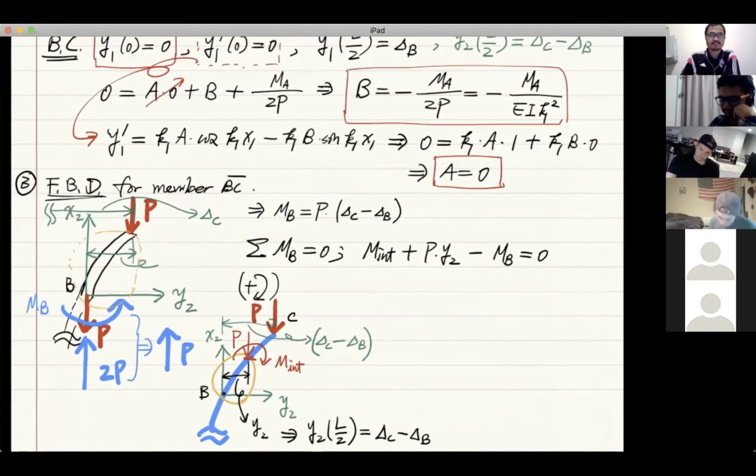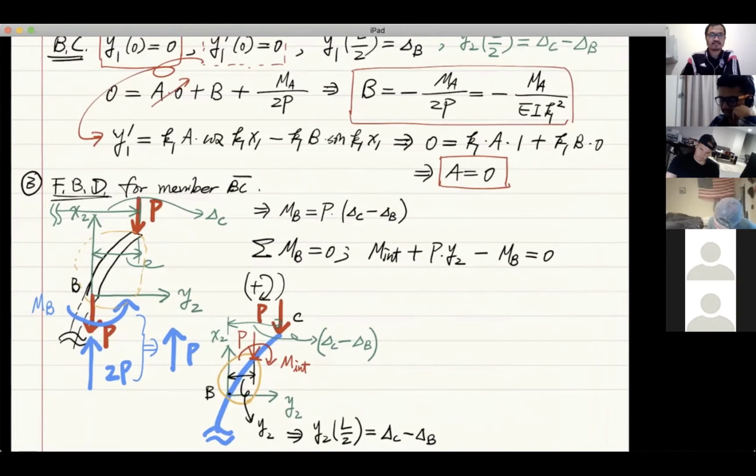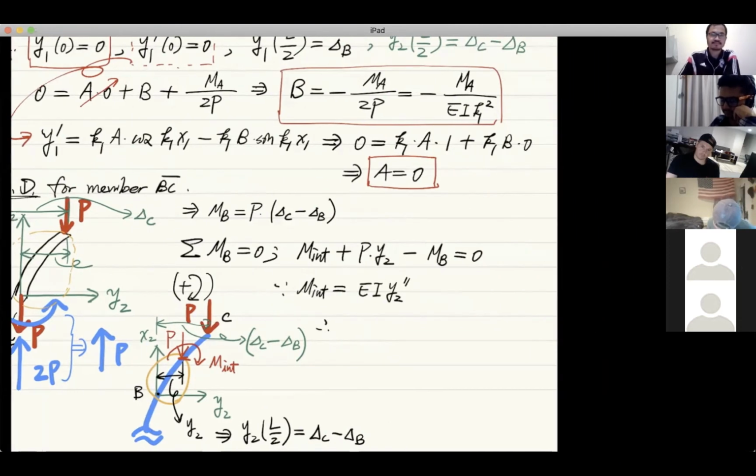Now, once again, because the curvature is positive in this kind of deformation profile, you can write it like this: M internal equals the positive of EI times Y2 double prime. So we have Y2 double prime plus P over EI times Y2 equals MV over EI.